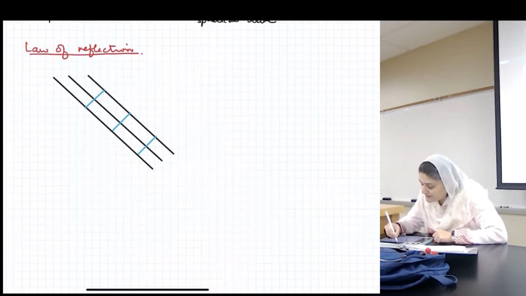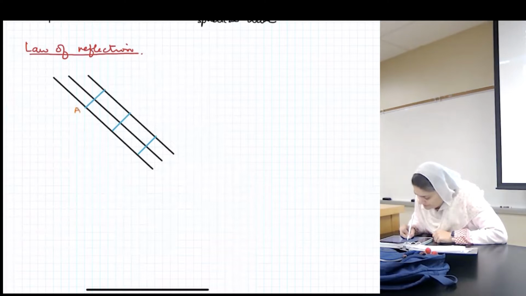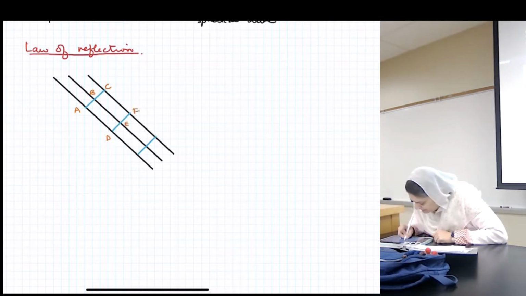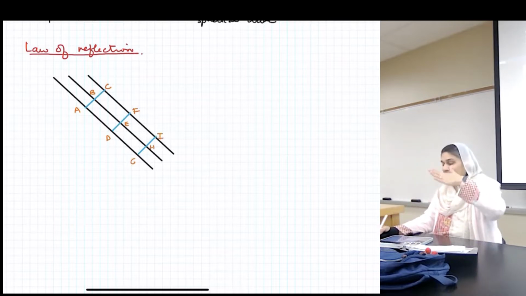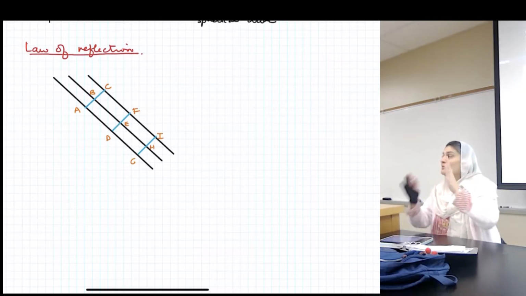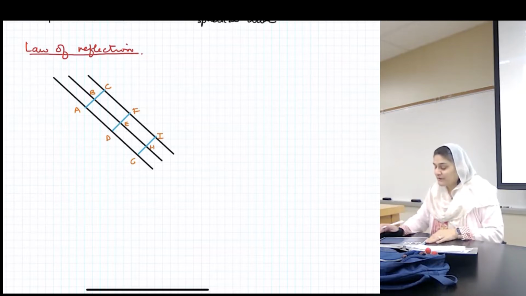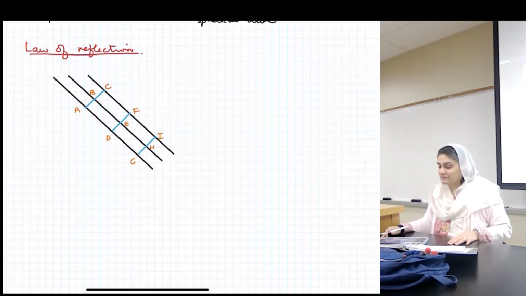So if I call these different points A, B, C, D, E, F, G, H, I. So A, B, C, D, E, F, and G, H, I are the wave fronts that are moving forward. There's nothing in the way right now.